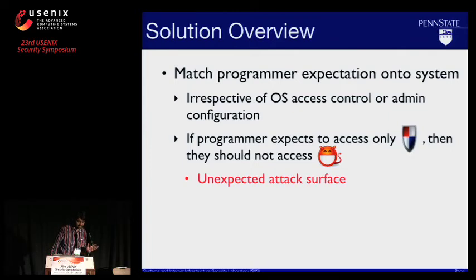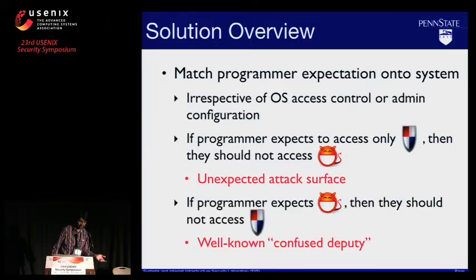So if the programmer expects to access only protected high integrity resources, they should then only do that, and vice versa. So the latter one, of course, is the well-known confused deputy attack, where you access something adversarial, but it directs you to something that is protected, that the adversary cannot directly access.